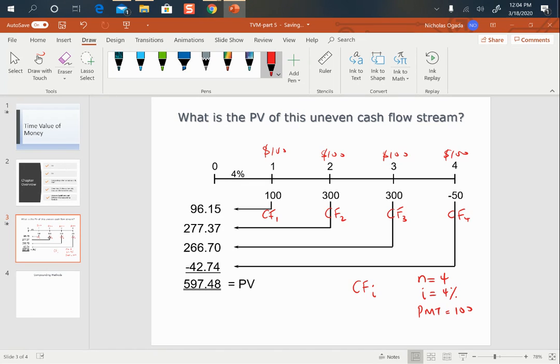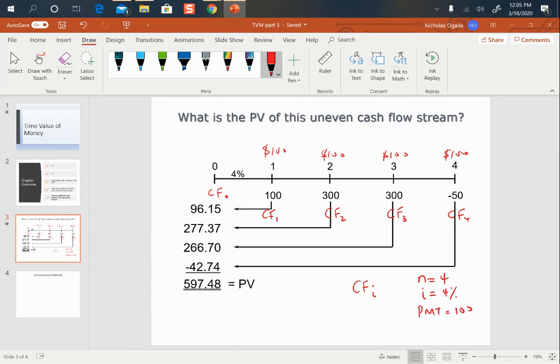And the first cash flow here at time 0 will be the cash flow 0. So in that case, you'll enter the cash flow 1 to be 100, cash flow 2 to be 300, cash flow 3 to be 300, and cash flow 4 to be minus $50.